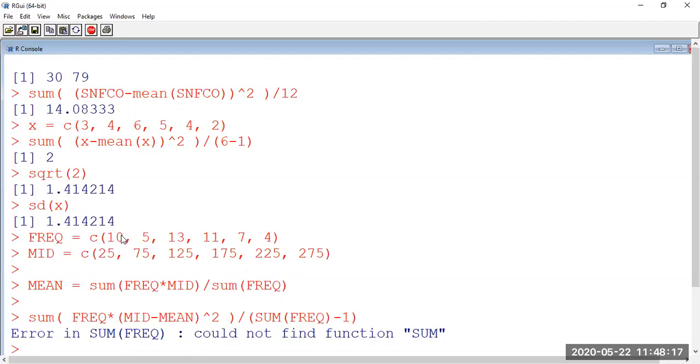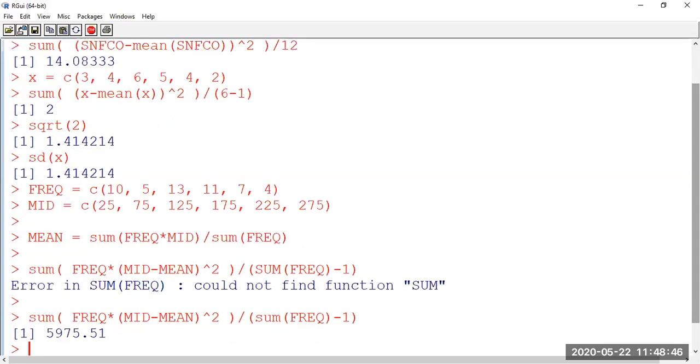So I'm entering the information, and I'm getting an error message. Why? Let's check. My frequencies are here, my midpoints are here, my first formula for the mean is here, and then I got an error message because I'm using capital letters for sum. Remember, we need lowercase letters for the R commands, and capital letters for the variables I am defining. I'm correcting that, and now I'm getting the right variance.